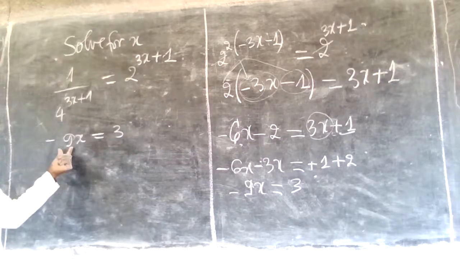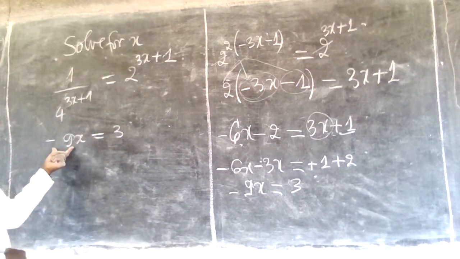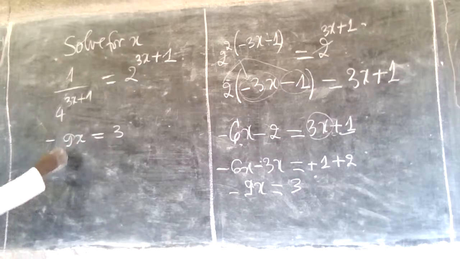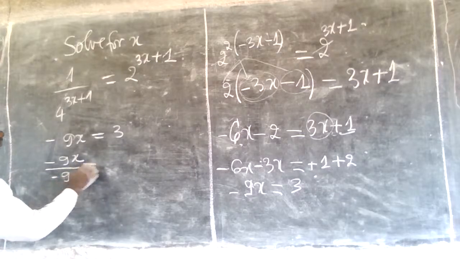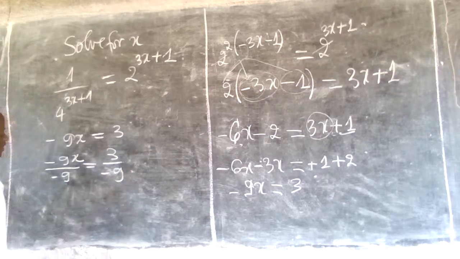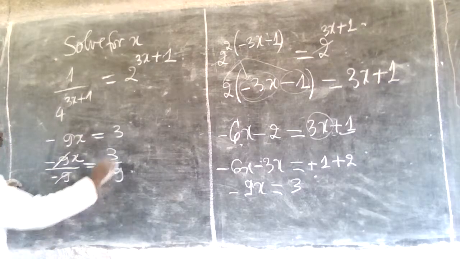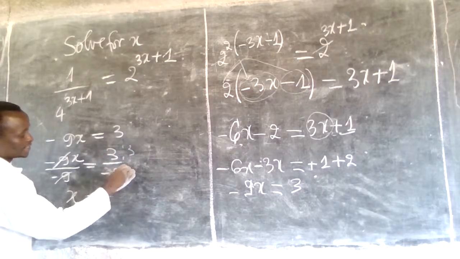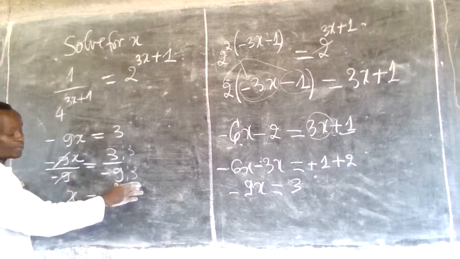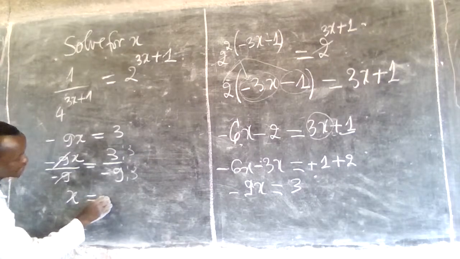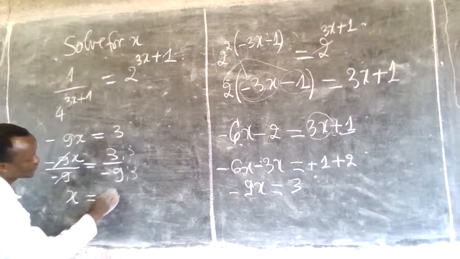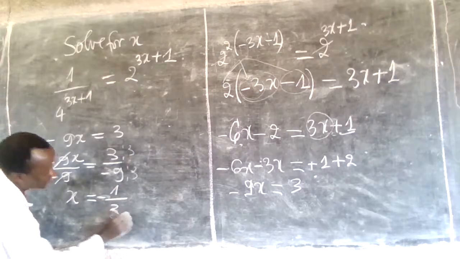Now we are going to divide by the coefficient of x. Minus 9x over minus 9, and 3 over minus 9. This with this one will remain with 1, it is x, which is equal to, you have to simplify by 3, here by 3, we remain with 3, x will be equal to minus 1 over 3.